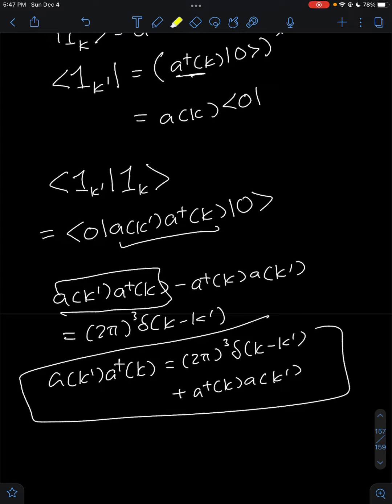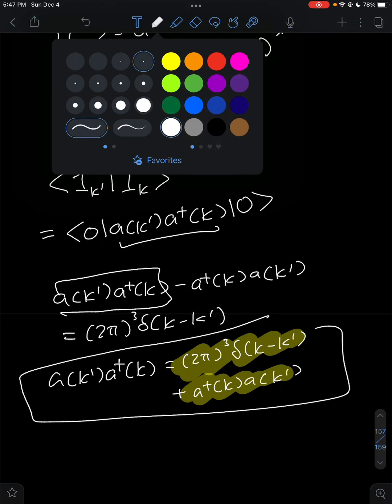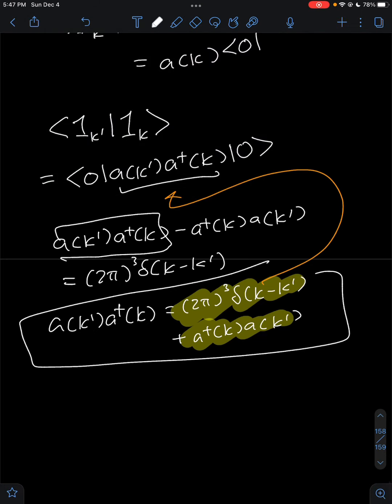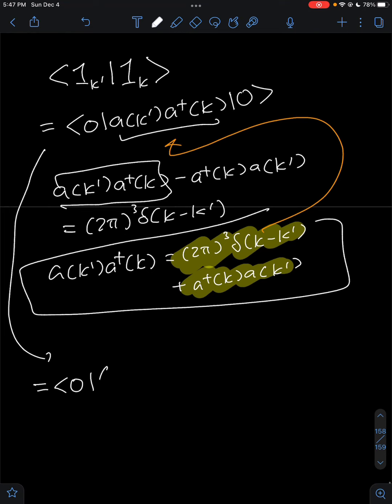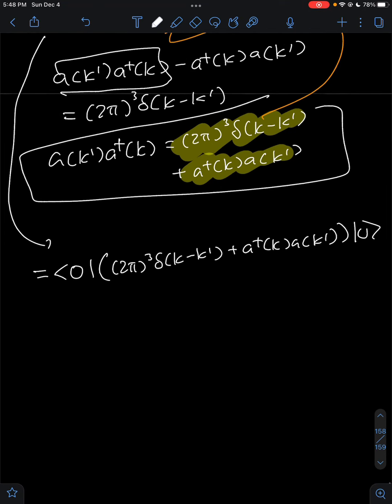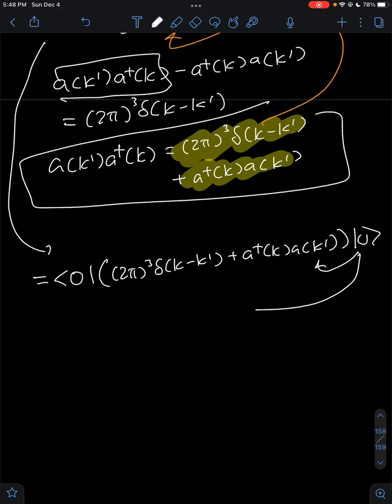So we can just plug this expression right over here inside of this one right over here. And that's going to give us vacuum state times, and then we can just distribute our vacuum state on the inside, and that's just going to give us 2 pi cubed delta k minus k prime acting on our vacuum state.